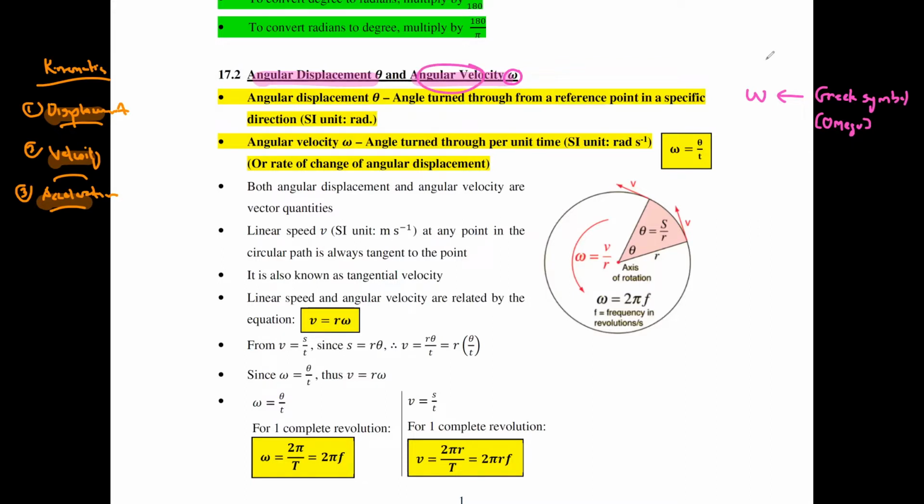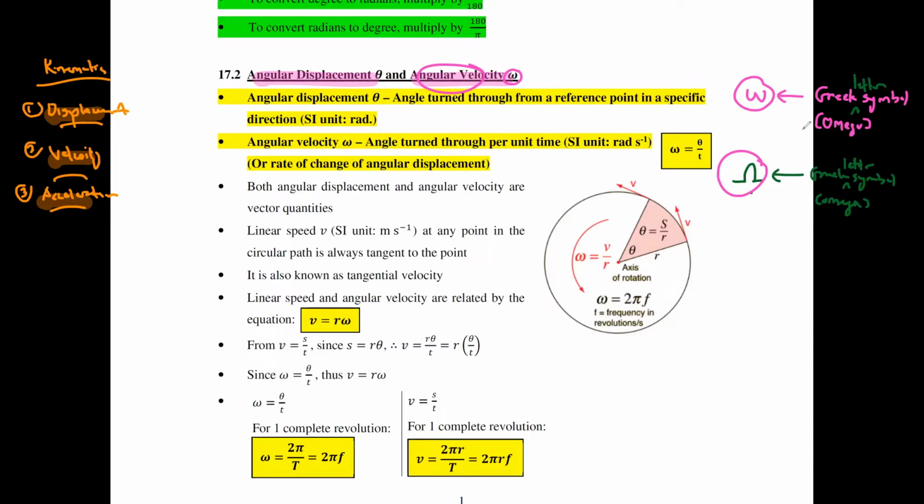Now, when you are talking about the symbol omega, some of you may think, isn't omega this symbol? This one is also the Greek letter omega. This one last time was used to represent resistance. Now, it is correct to say that these two symbols are the Greek letter omega.